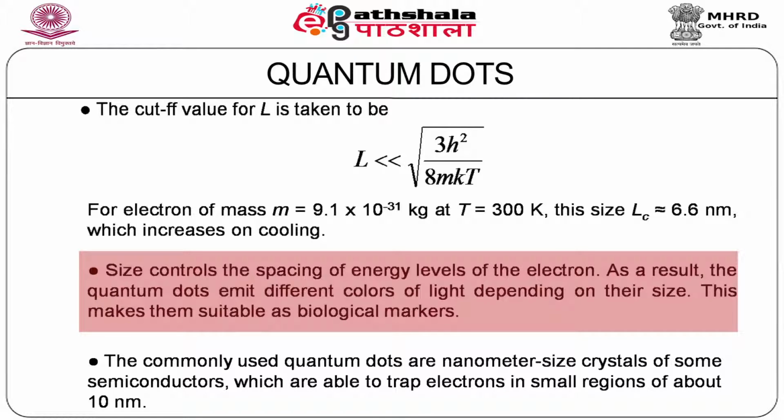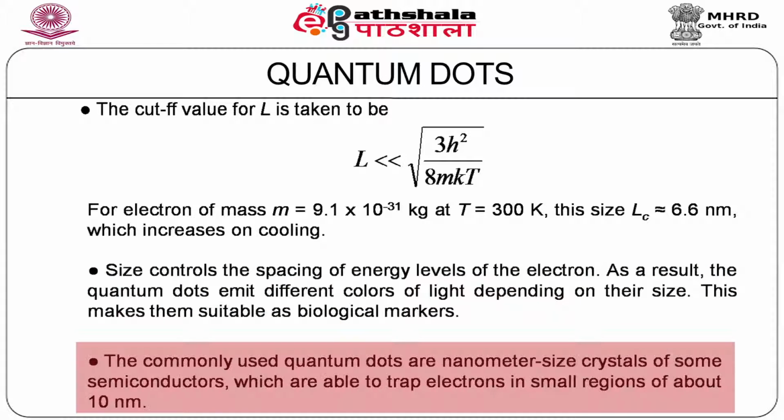As a result, the quantum dots emit different colors of light depending on their size. So this makes them suitable as biological markers. And then finally, the commonly used quantum dots are nanometer-sized crystals of some semiconductors which are able to trap electrons in small regions of about 10 nanometer.